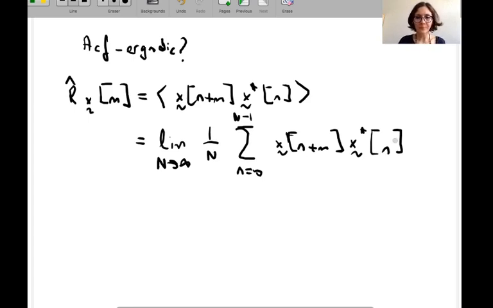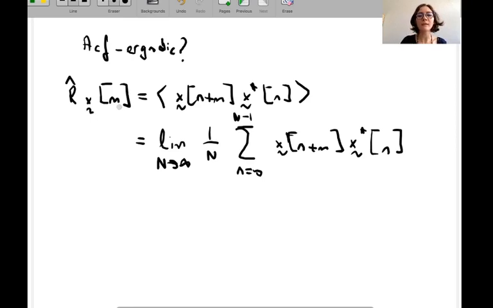Now the story is getting a little bit complicated, but if we go through the steps carefully, we can make it. The trick will be the following. From now on, I want to relieve my mind. My first immediate question is whether this expression is equal to the actual autocorrelation function Rx of m.